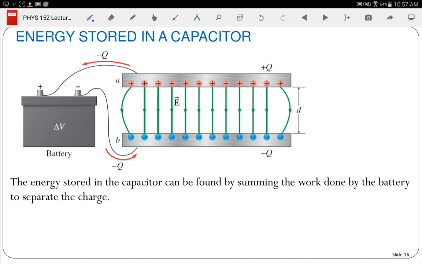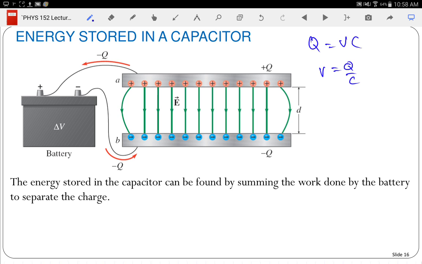Because we know that since Q is equal to VC, then V is equal to Q over C. So we start with no charge, we start with no voltage. And so the work done to bring the first electron across is 0, because you moved a charge of 1 times 1.6 times 10 to the minus 19 coulombs across a voltage difference of 0.